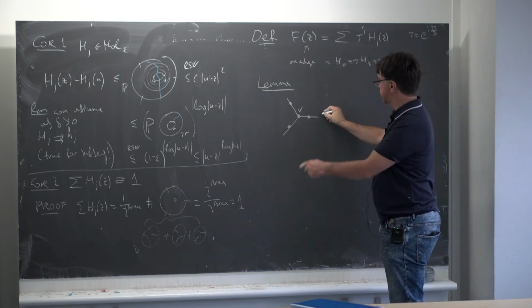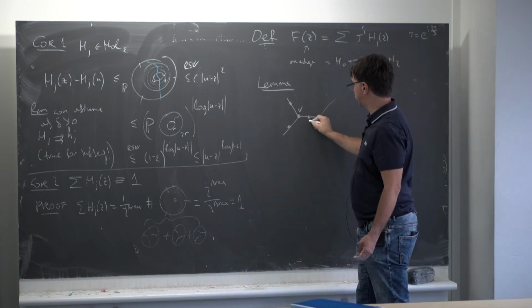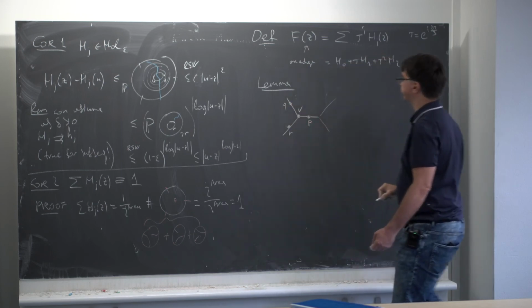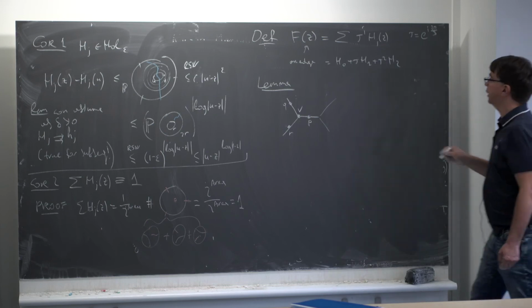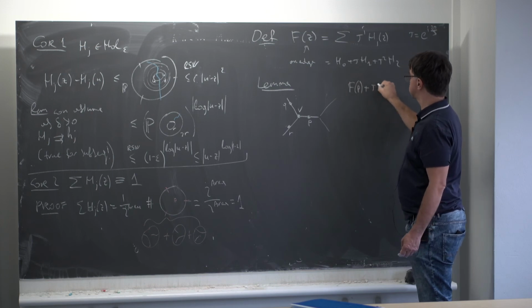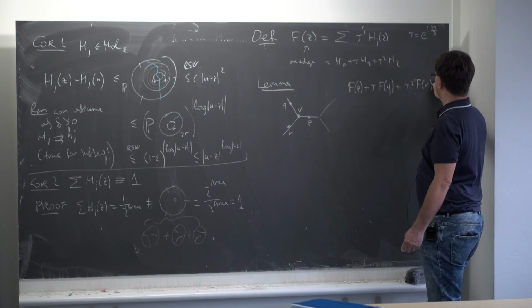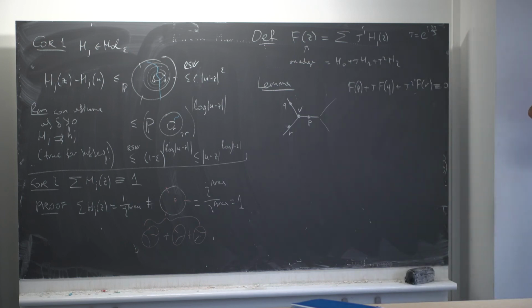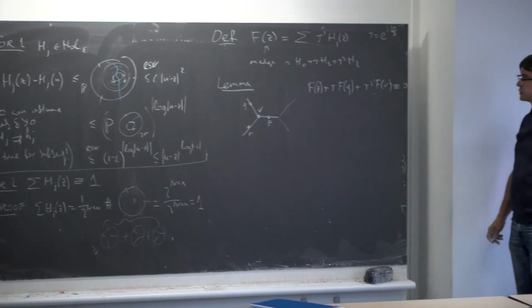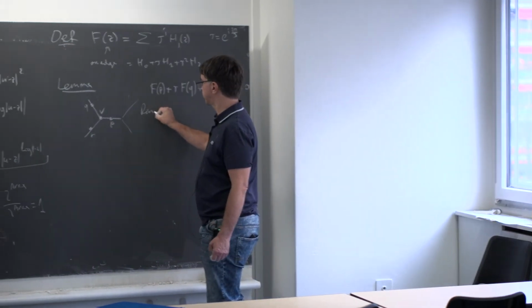Well, it can be this vertex or reflected vertex, but let's say this one, and let me denote them P, Q, and R. So what I claim is that f of p plus tau f of q plus tau squared f of r is identically equal to 0.